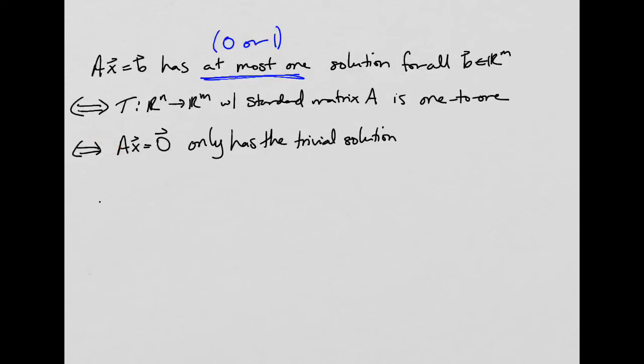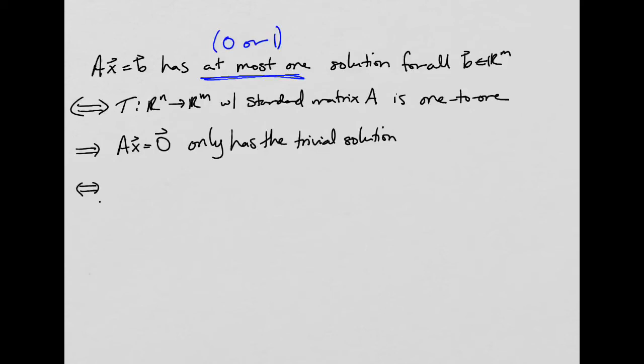And we could also go backwards with this. If this only has the trivial solution, we can show that this equation always has at most one solution. And to see that, so I guess we technically haven't shown that yet. So let me erase that. Let's say I've only done one direction. We'll see the other direction in a minute. Let me do an if and only if here.